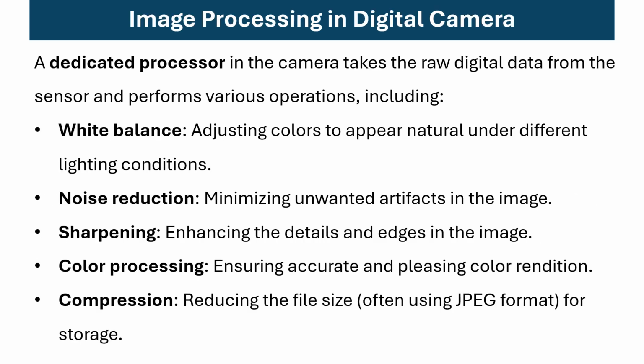The image in a camera is processed, as we saw in those key steps. After the sensor reads the light, it is processed to get the final digital data. The processor performs various operations, including white balance. In the camera, you can adjust how colors appear natural under different light conditions. Why white balance?